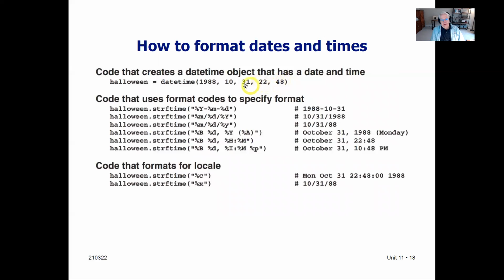The one thing about the sequence of these arguments or parameters is they go from the largest, which is years, to the smallest, which is microseconds. So if you think of it that way, possibly that will help. So now we've created a datetime object here, and it's got 1, 2, 3, 4, 5 pieces of data in it.